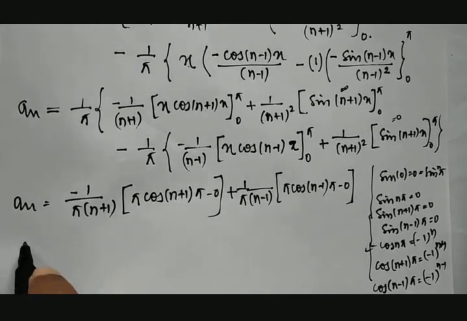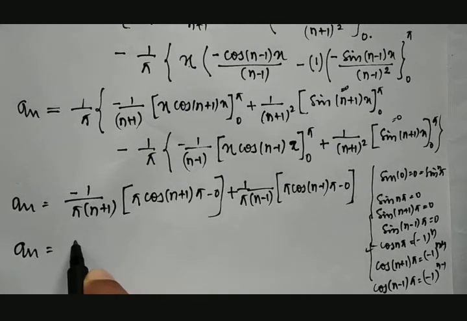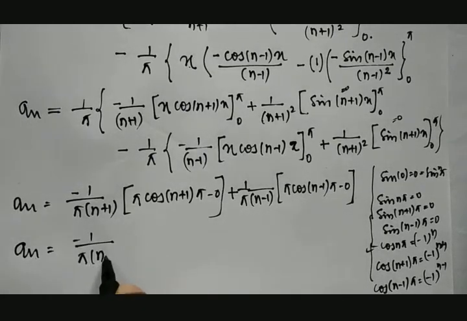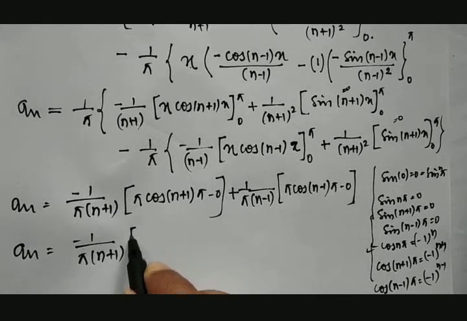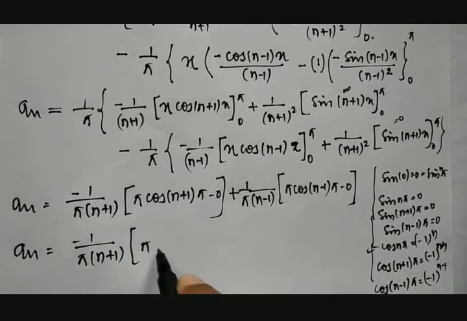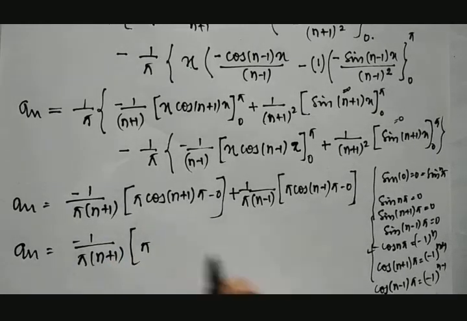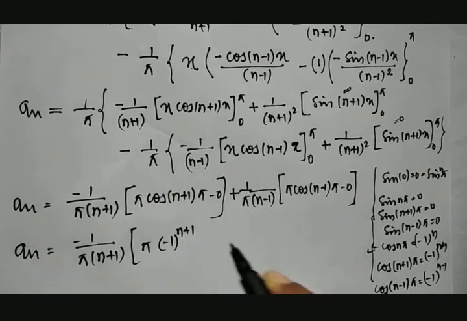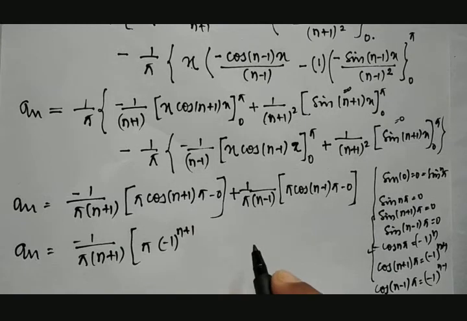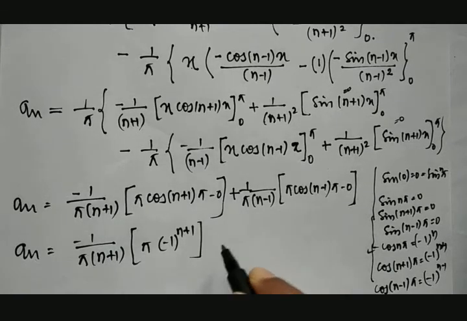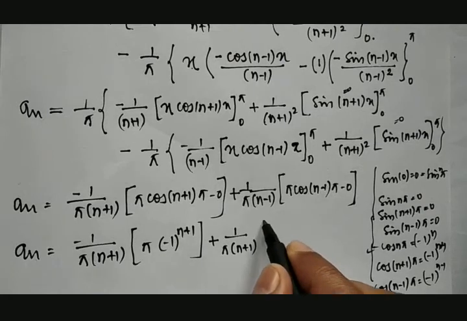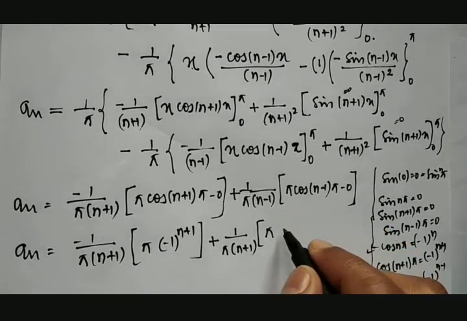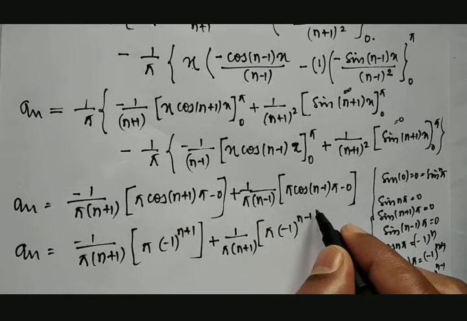Therefore, a_n is equal to minus 1 divided by pi into (n plus 1) into pi into cos of (n plus 1) pi will be minus 1 raised to n plus 1. Okay, then plus 1 divided by pi into (n minus 1) into pi cos of (n minus 1) pi will be minus 1 raised to n minus 1.